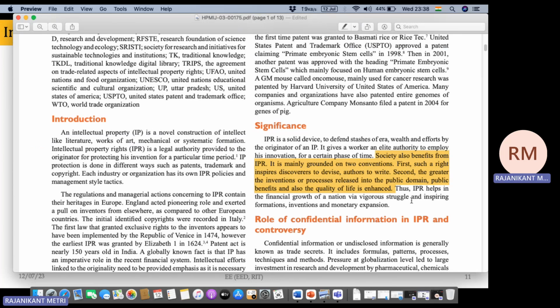Not only this, it also helps in the financial growth of a nation via vigorous struggle and inspiring formations and invention in the monetary expansions. So not only does it help society, it also helps in financial growth.